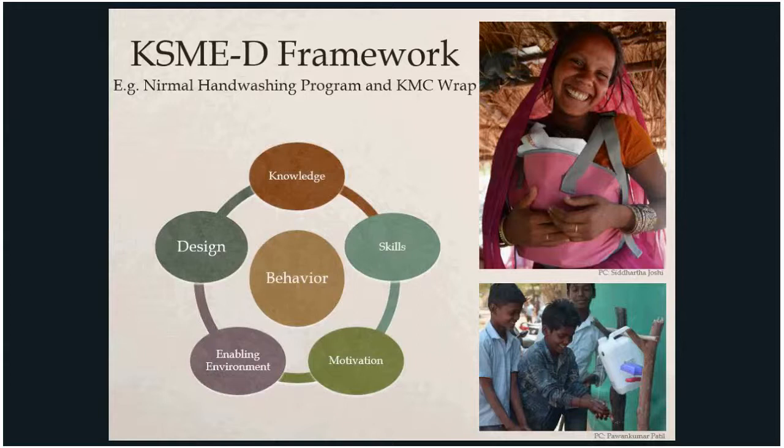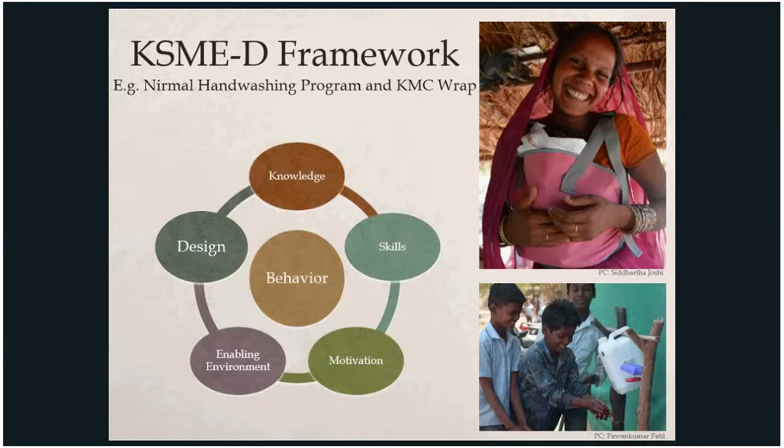When we understand why tippy taps are not being used for hand washing, we will realize that there are various design issues that are not being taken care of. The water is getting wasted, the water is soiling the clothes of the community, the child is finding it very difficult to use the tippy tap, the soap is falling off. So all these design things are there.